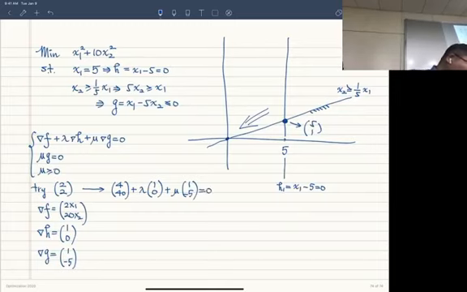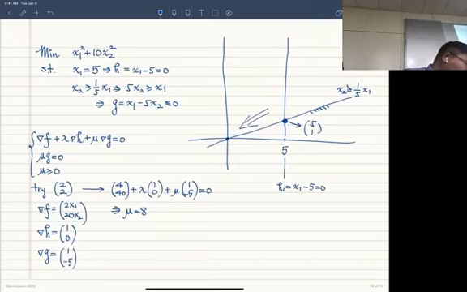This equals 0. In the bottom equation, I already know my mu is 8.